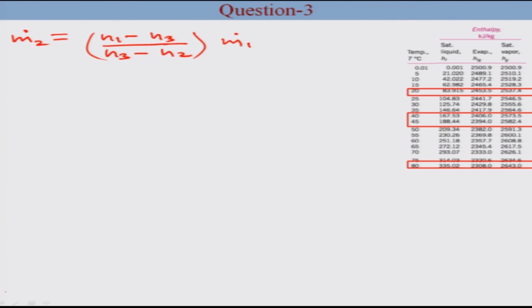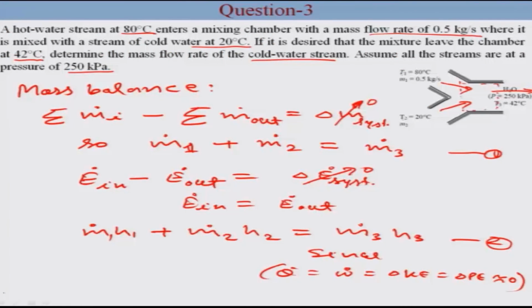Since it is given that all the streams are at 250 kilopascal, so at this pressure, the saturation temperature should be 127.41 degree centigrade, but it is given that at this pressure the temperatures of all the streams are way below 127.41 degree centigrade, which is 80 degree centigrade, 20 degree centigrade and 42 degree centigrade.